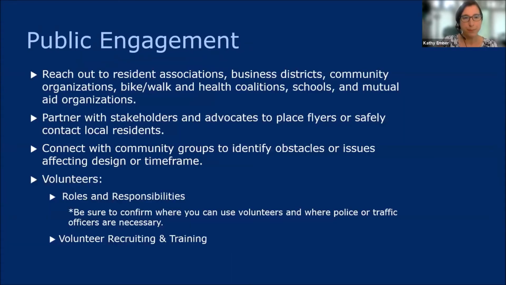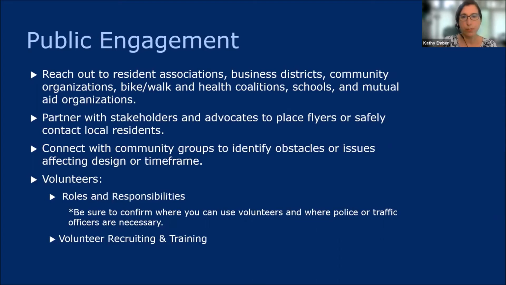Next slide, please. So we'd really encourage reaching out to a variety of stakeholders as you're creating an open streets installation. That could include resident associations beyond the business district, community organizations, bicycle and pedestrian advocacy organizations, or health coalitions.